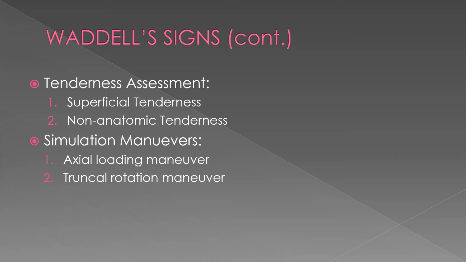Now, if you've ever seen this maneuver performed, or you've ever performed it yourself, you know that the only motion that takes place with truncal rotation takes place through the acetabulum of the pelvis. In other words, the movement takes place at the hip joints. There is no rotation taking place at the lumbar spine.